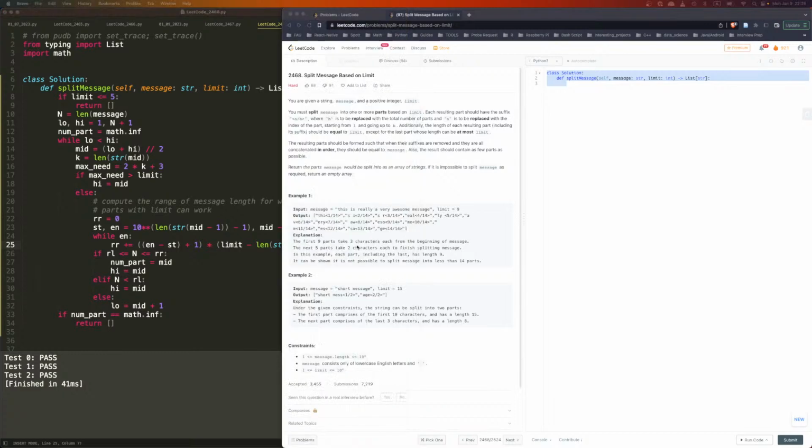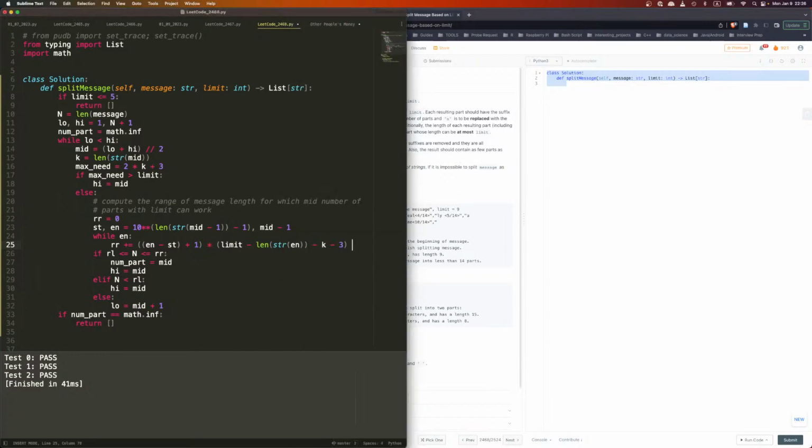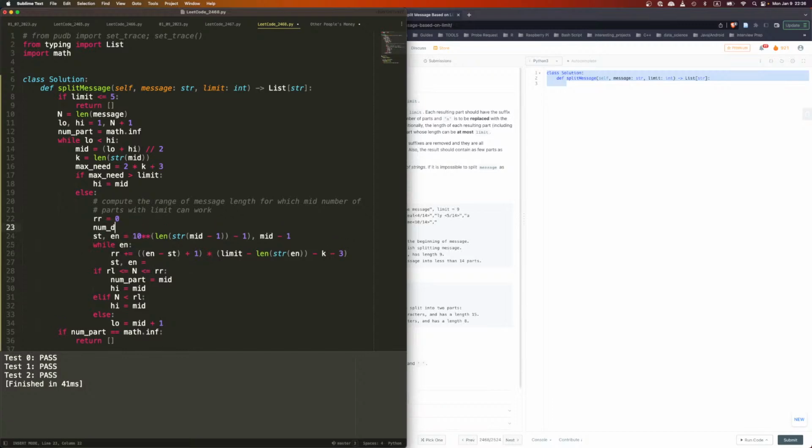The minus 3 is because we need to minus 1, 2, 3. So that's the total number we can accumulate for that. And then once we're done, start and end will change. The start shall equal the number of digits. Let's do this. Num digit.